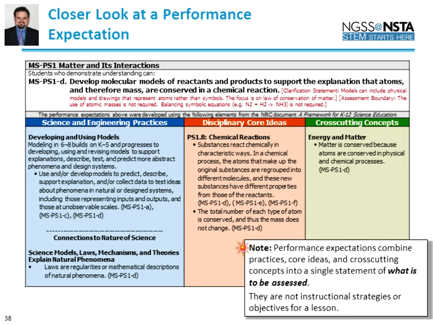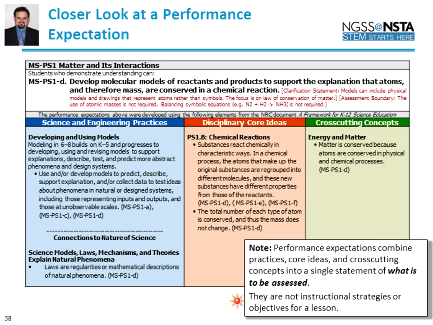It's a way of blending the practice, core idea, and cross-cutting concept together to describe what should be assessed at the end of instruction. What are students able to do? It is not meant to be instructions to the teacher about what the teacher needs to do in the classroom. And so there's still a lot of freedom within the standards about what should happen here.